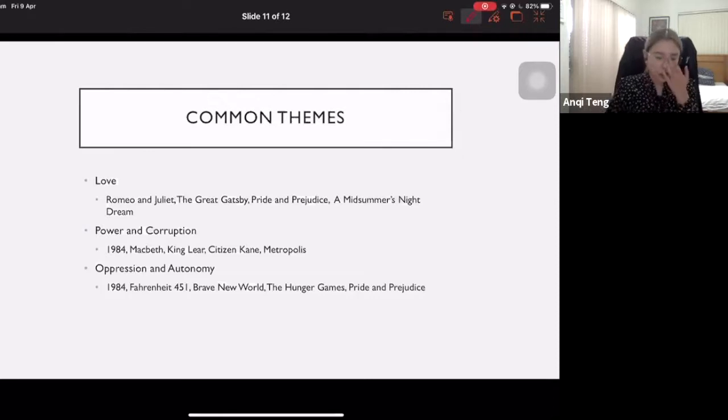So a lot of dystopic texts are about oppression and autonomy because they're trying to create everyone as equal, or they're trying to stamp out personality and create a machine-like society. So texts like 1984, Fahrenheit 451, Brave New World, they're all examples of dystopic texts.